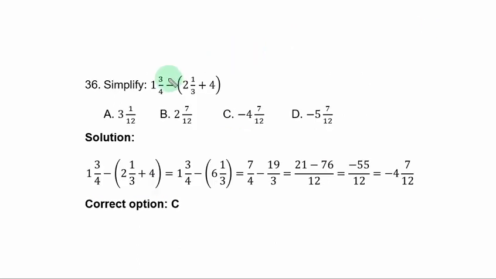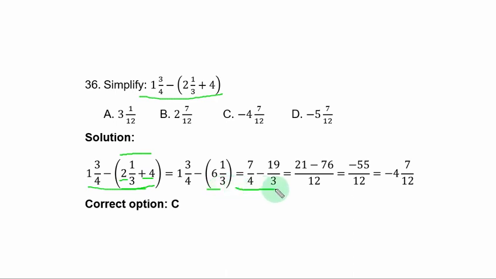Question 36. Simplify this. So you take the whole problem. Now, from the rule of BODMAS, you need to start from the bracket. You have fractions addition. If you simply add the whole numbers, you have 6 whole number 1/3. Remove the brackets and also convert to improper fractions.